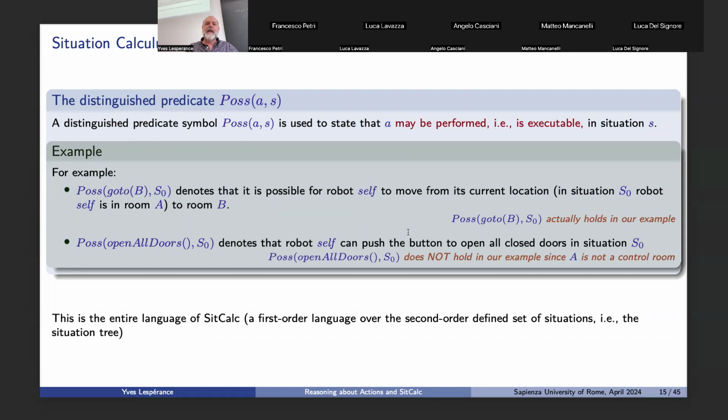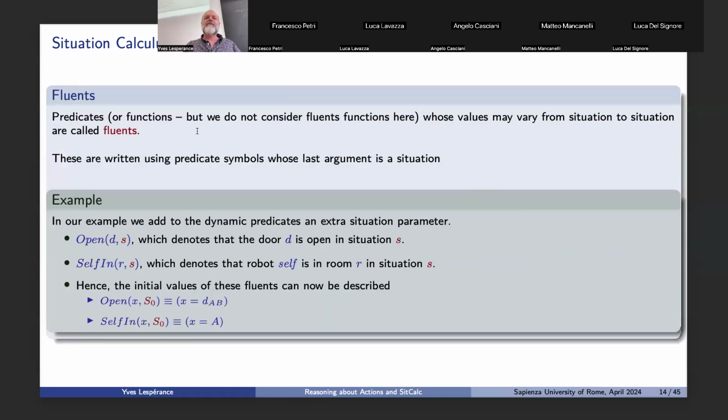And so this is the whole language. You have fluents, you have objects and actions, then you have fluents and situations. In general, sometimes people have functional fluents, fluents that are functions as opposed to predicates.